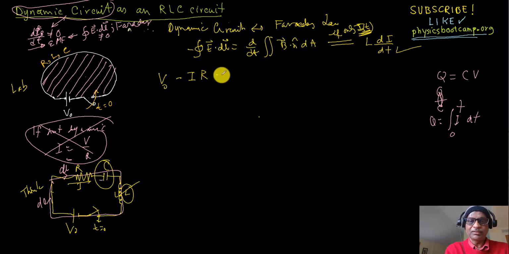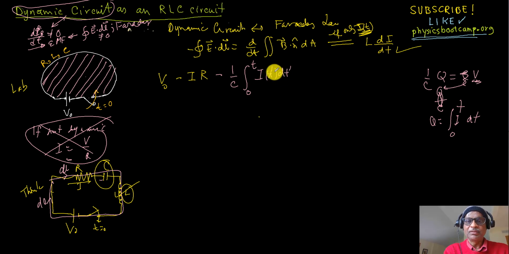So the voltage is 1 over C times the integral from 0 to t of I of t prime, dt prime.